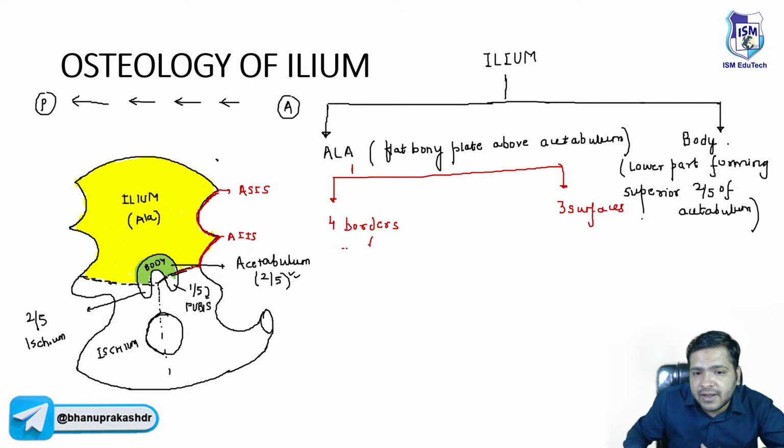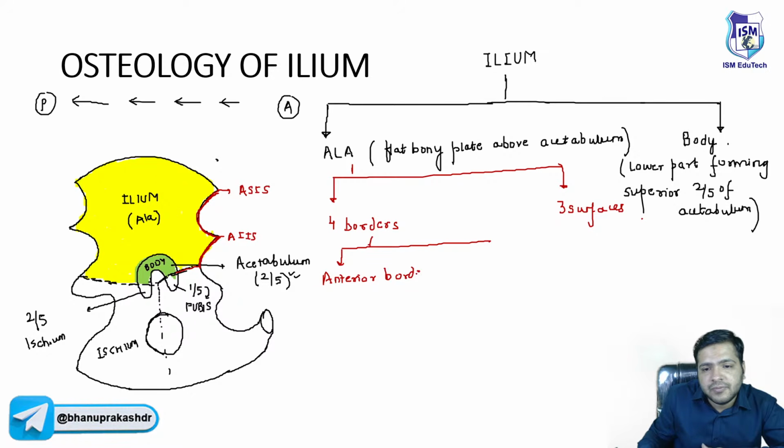So the first border that you have to remember, beta, it is the anterior border. It begins at anterior superior iliac spine.